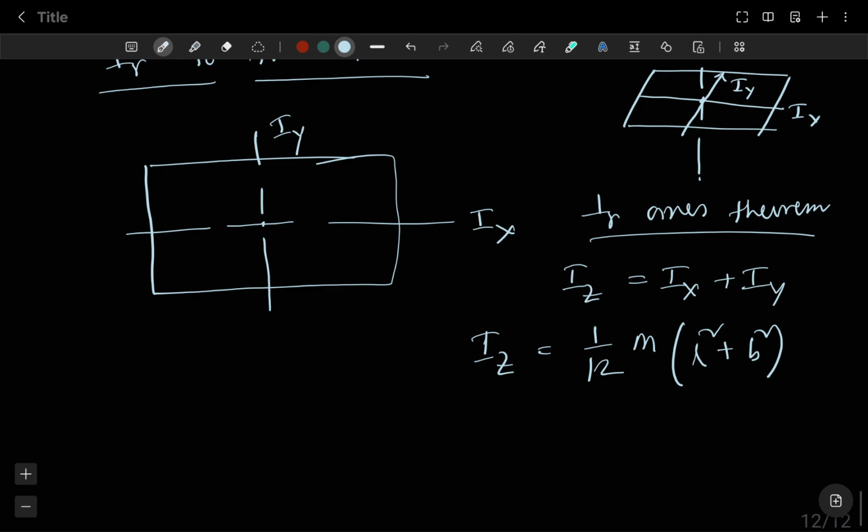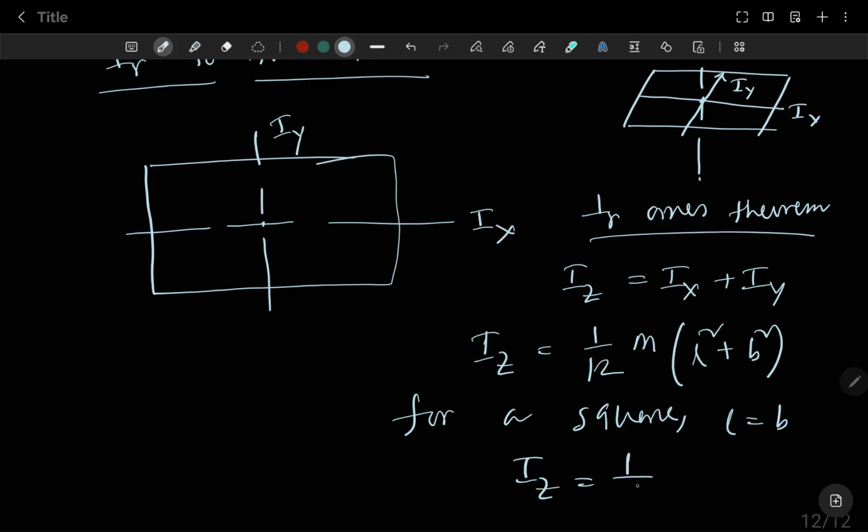So if they ask you what is the moment of inertia about a diagonal, for a square what it will be? L equals b, so Iz becomes 2 l square, that is 1 by 6 m l square.